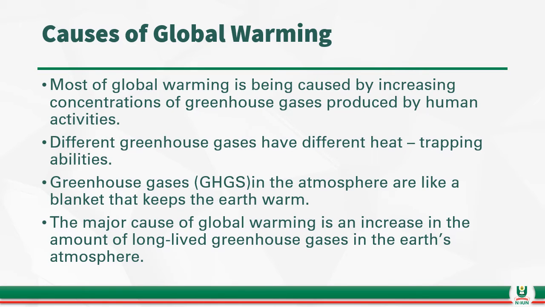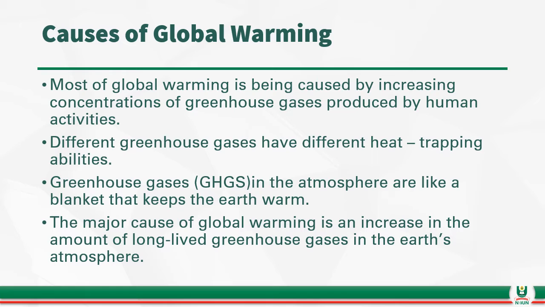Now, causes of global warming. Most global warming is caused by increasing concentration of greenhouse gases produced by human activities. Most of these gases come from combustion of fossil fuels in cars, factories, and electricity production. Carbon dioxide is the gas most responsible for global warming. The second one is different greenhouse gases.